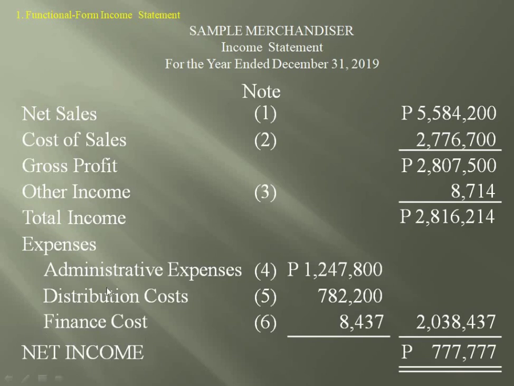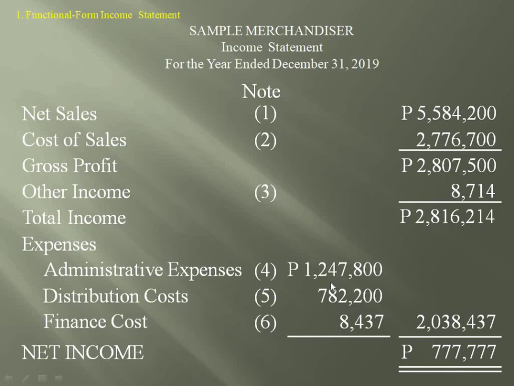Notice these three: administrative expenses, distribution cost or selling expenses, and finance cost are indented, meaning written further to the right and not aligned with these expenses, because each of these three is considered part of these expenses.